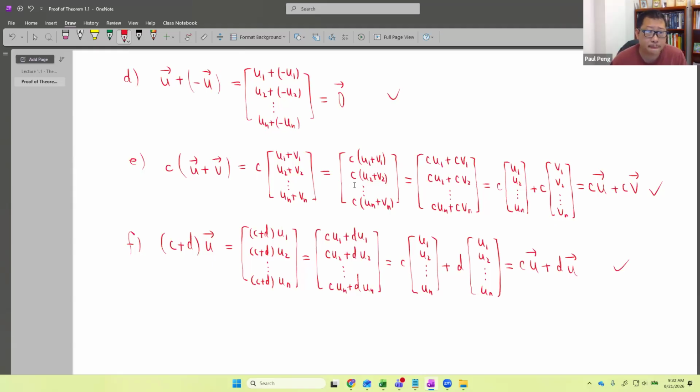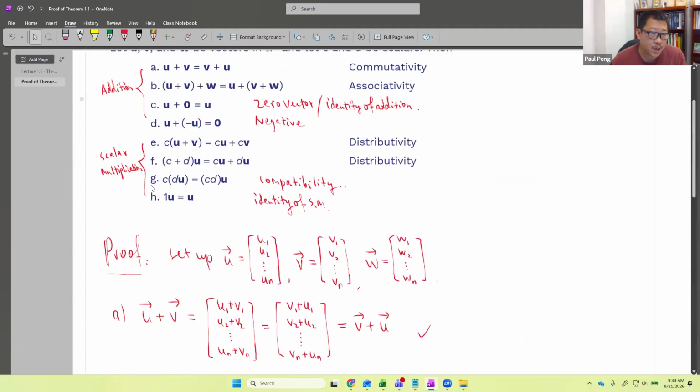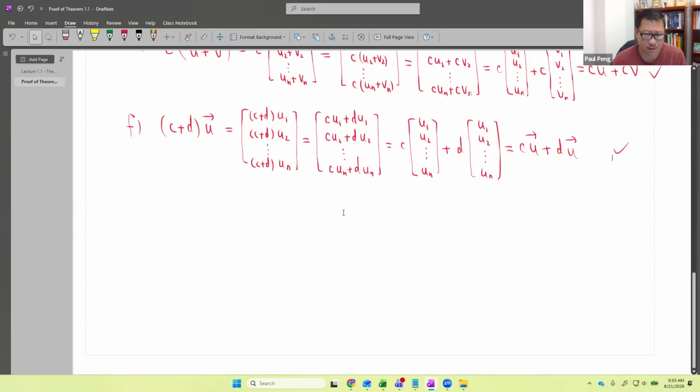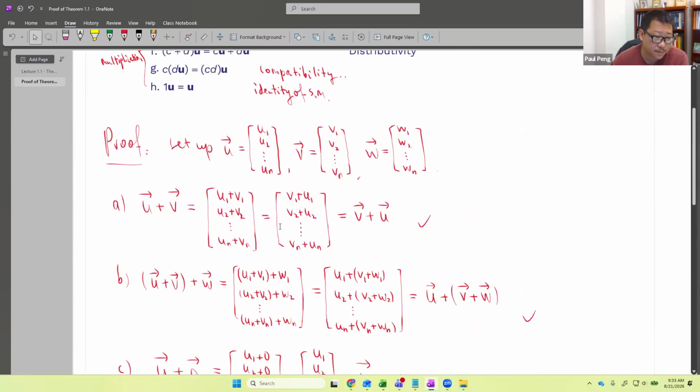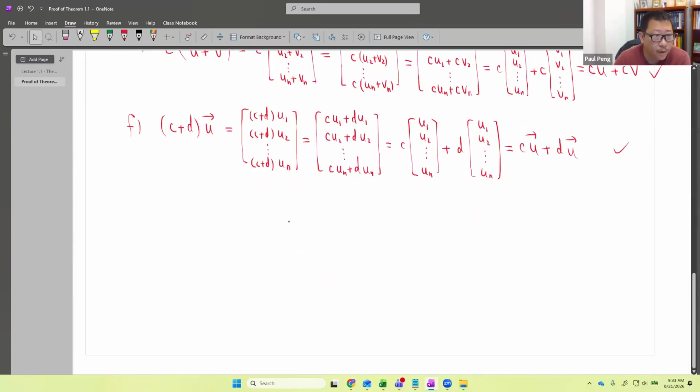So that's true. And G, compatibility. Let's look at one more. So we have, let me see, G, right? Compatibility says C times D u.